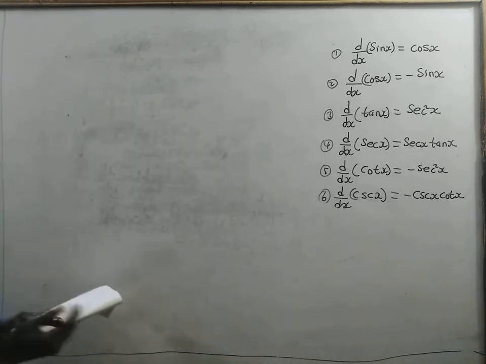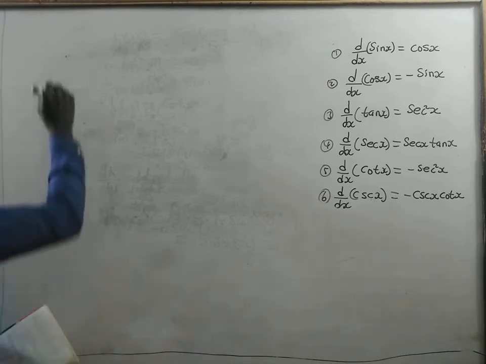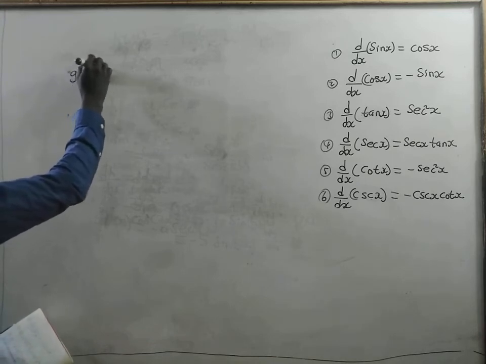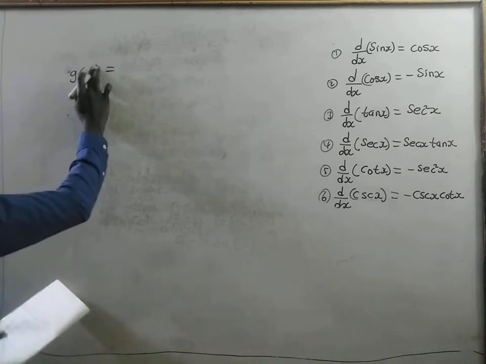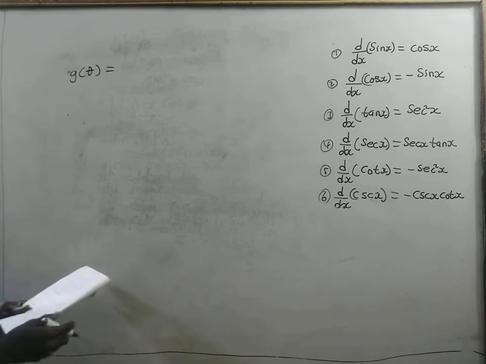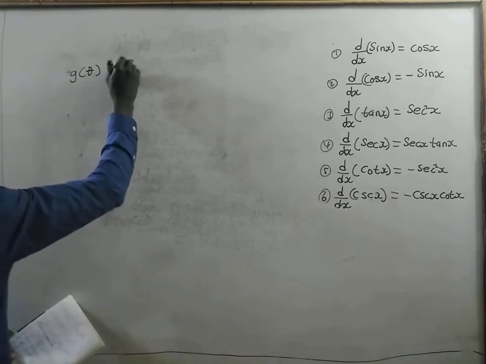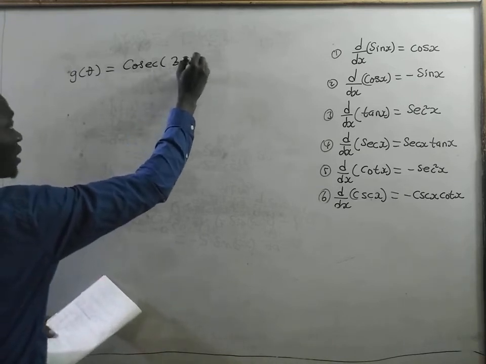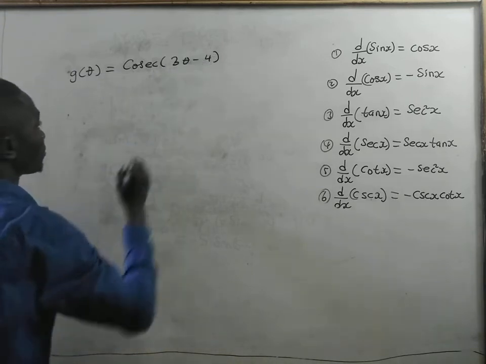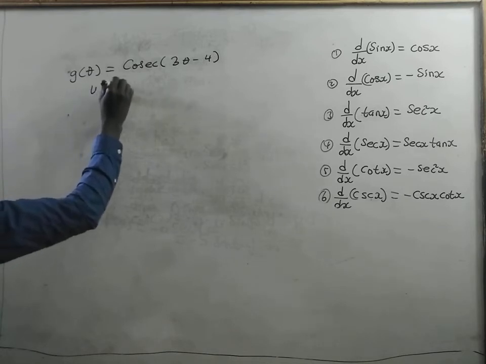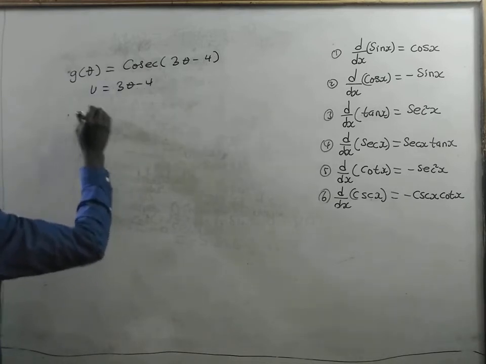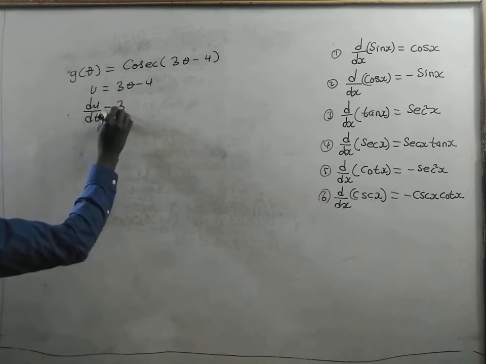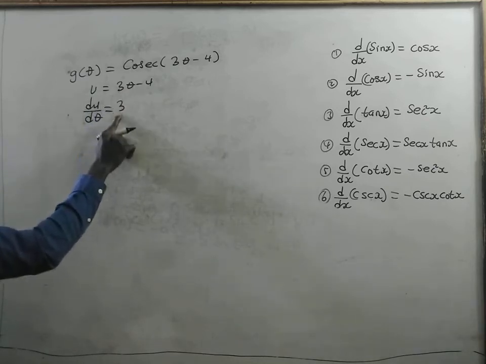Now, let's take our h of theta to be equal to cosecant of 3 theta minus 4. So here, if I let u equal to 3 theta minus 4, the derivative of u with respect to theta is equal to 3. If we differentiate 3 theta, you get 3.